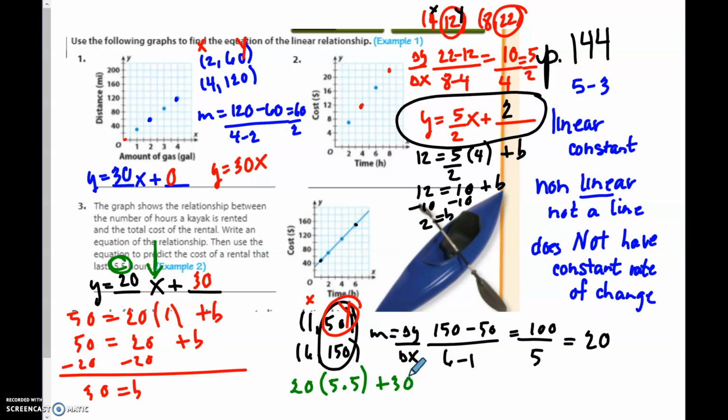So grab your calculator, and 20 times 5.5 plus 30, and hopefully you guys already did this assignment and are doing it right. So then this cost is $140. So they're thinking that renting this kayak for 5.5 hours is going to cost you $140.